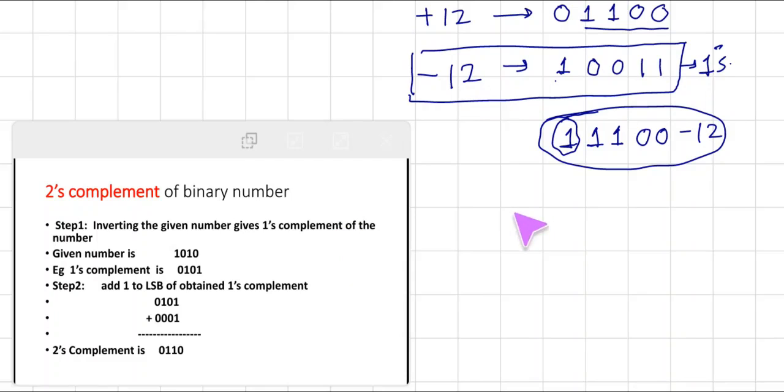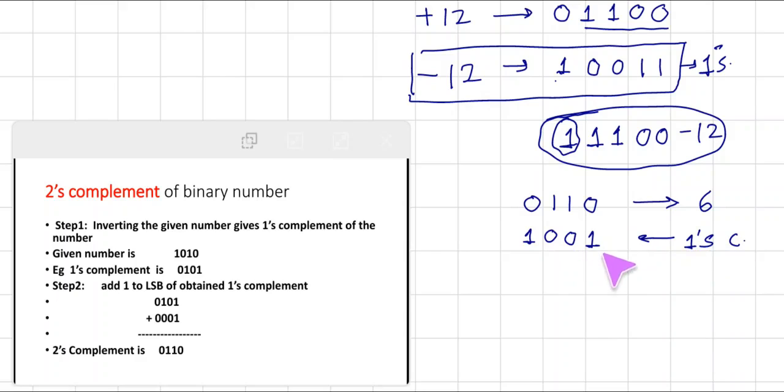First, remember, suppose you have a certain number, suppose 0, 1, 1, 0. This is the binary number corresponding to 2 plus 4, that is, it corresponds to 6. Suppose I want to get its 2's complement. Step 1: first get the one's complement of this number. We know one's complement: 0 is converted into 1, 1 into 0, 0 and 1. So this is one's complemented.